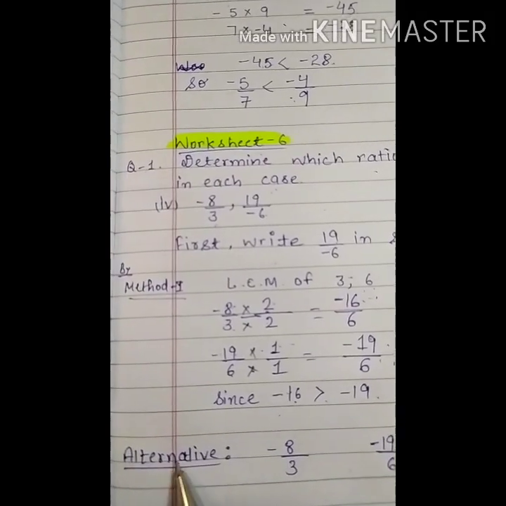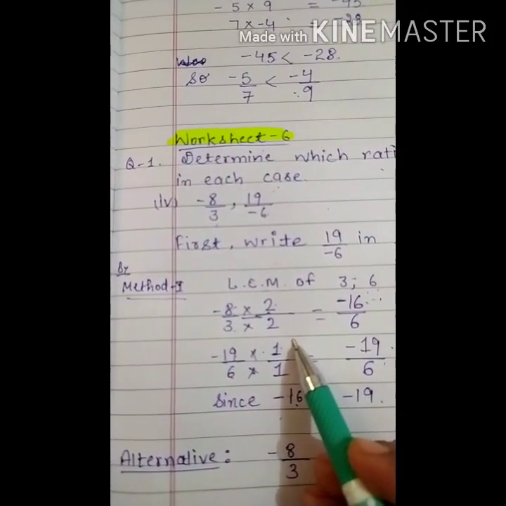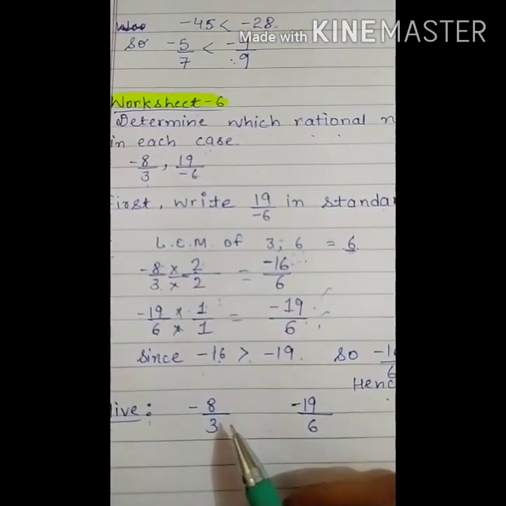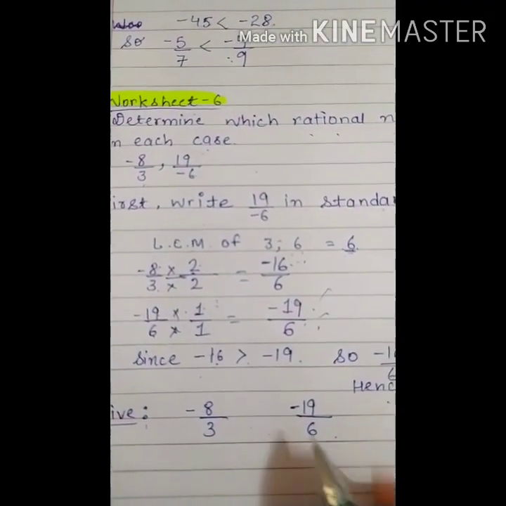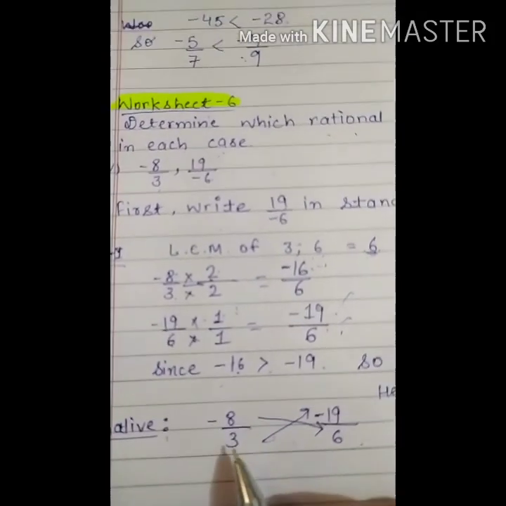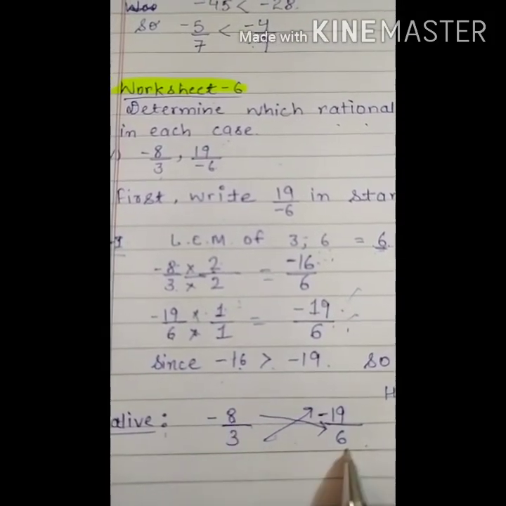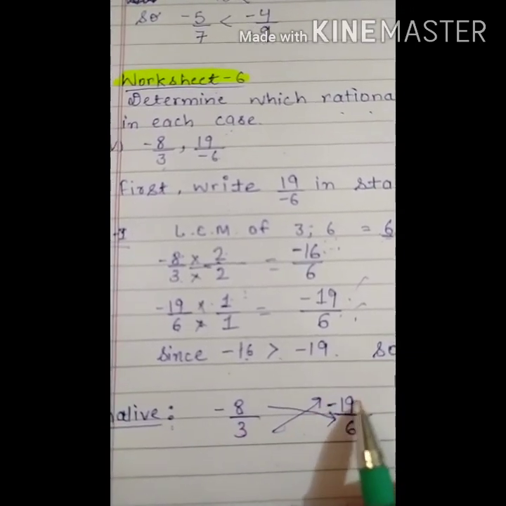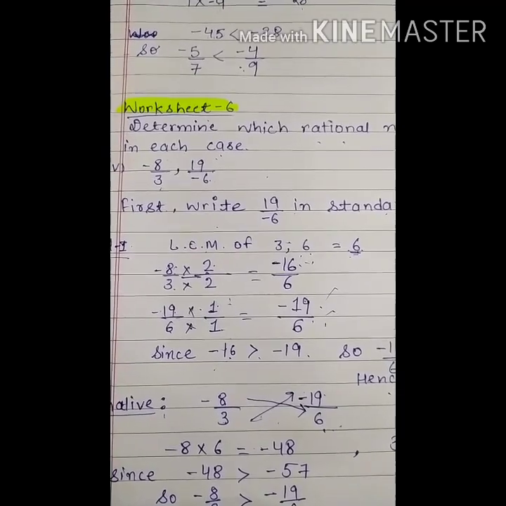Now, you can do the same question by the second method also. We have to compare these two numbers, so we cross multiply them. First of all, we multiply -8 by 6 and then 3 by -19.